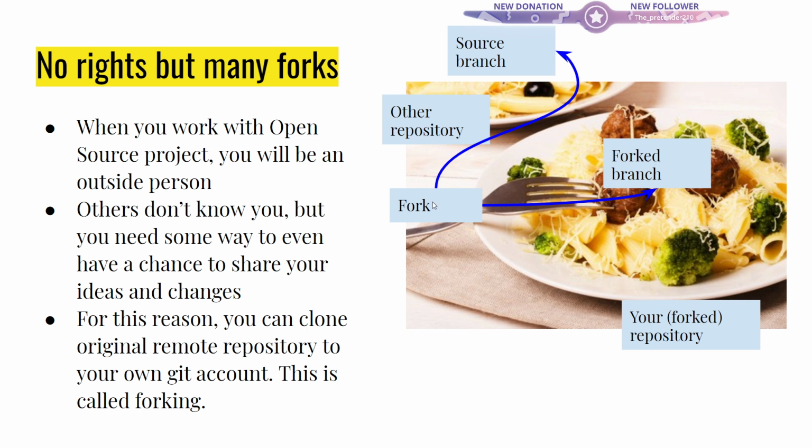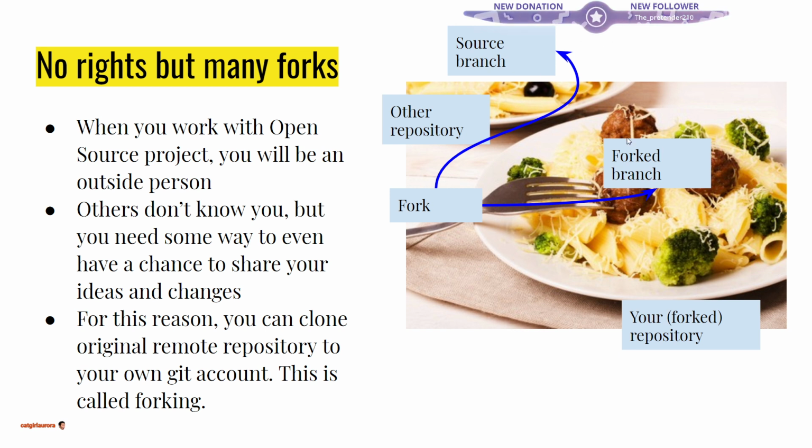So what would the student do? He would take a fork and grab a source branch from my repository that he wants to work with and fork that branch to his own repository. So this is, for example, my account. This is, for example, your account.